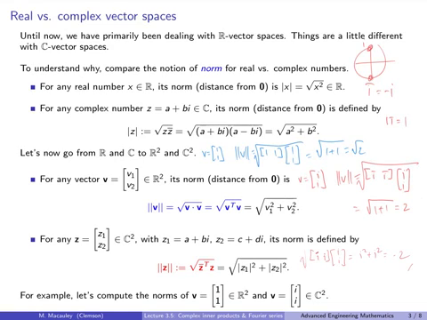And we obviously can't take the square root of that, but we could. We'd get a negative number, or an imaginary number. And the key thing here is this norm has to be a real number. Not only does it have to be real, but it has to be a non-negative real number. Just like up here, the norm of a real number has to be a non-negative real number. We can't get a negative number, we can't get an imaginary number.